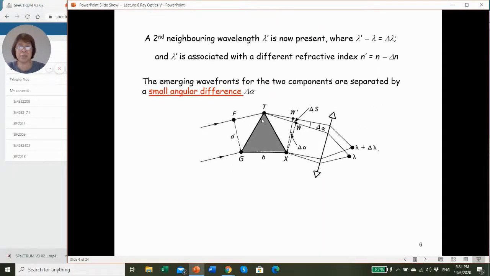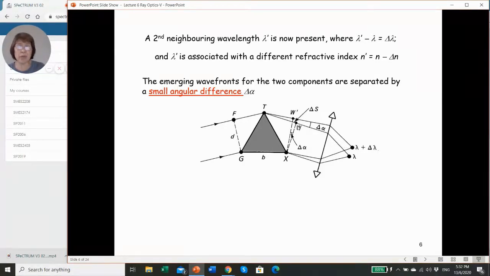Taking the incident beam to be in this direction with its wavefront Fg, both for lambda and lambda prime, after passing through the prism, this lower beam here belongs to lambda, whereas the upper beam that is refracted from the prism is associated with lambda prime.